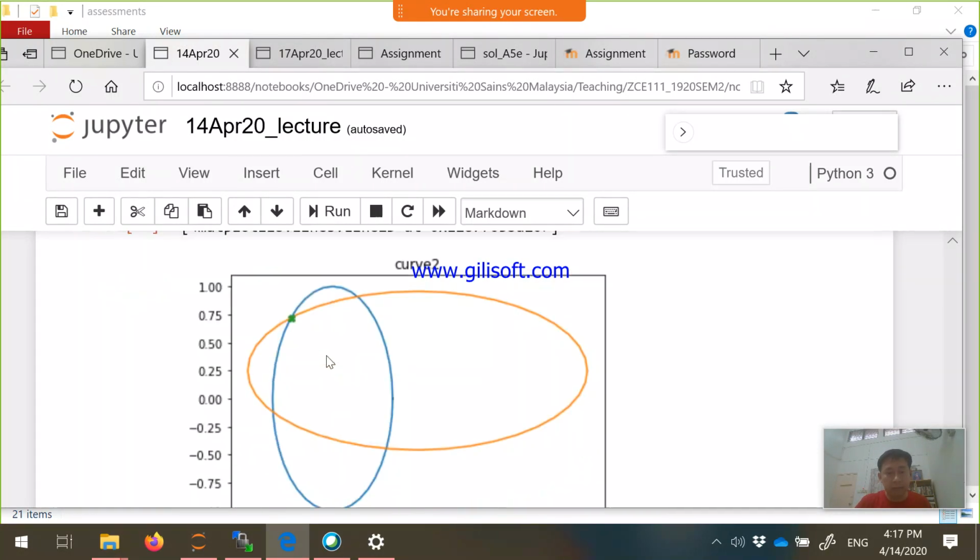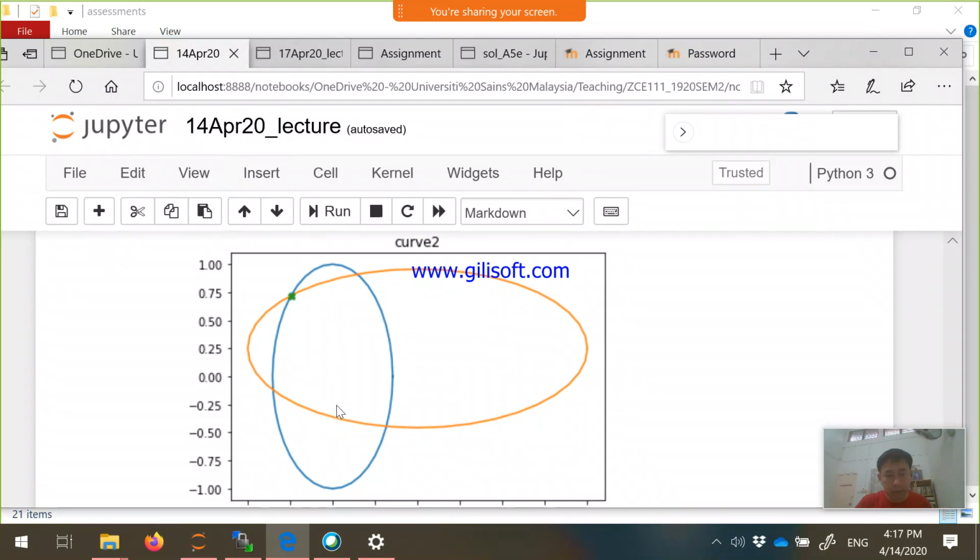So this 0 means that h and k for this ellipse are 0. So the ellipse has a semi-major. No, sorry, I think semi-major is this, okay? And then it's a semi-minor. I think for an ellipse, the longer axis you call the semi-major, and the shorter one you call the semi-minor. So for this large orange one, the semi-major is lying along the x direction, and the semi-minor is lying along the y direction.